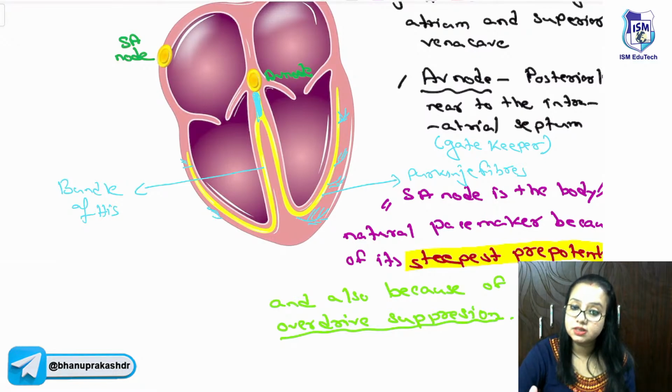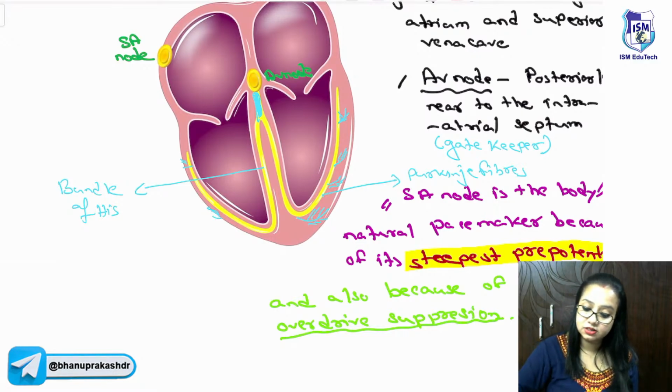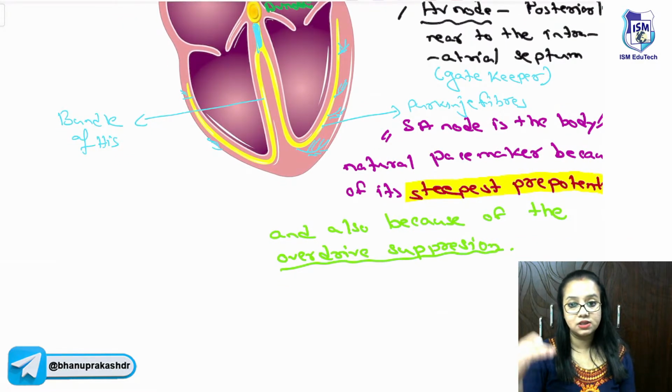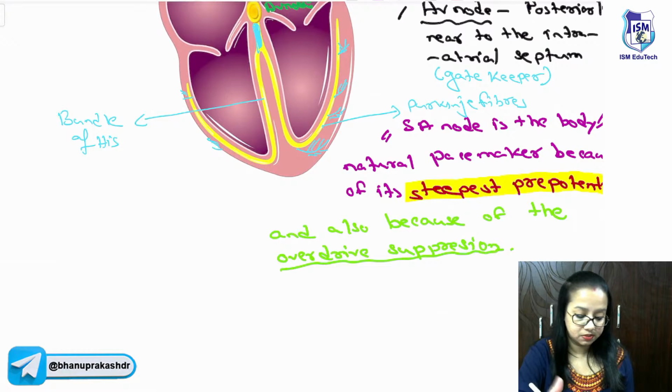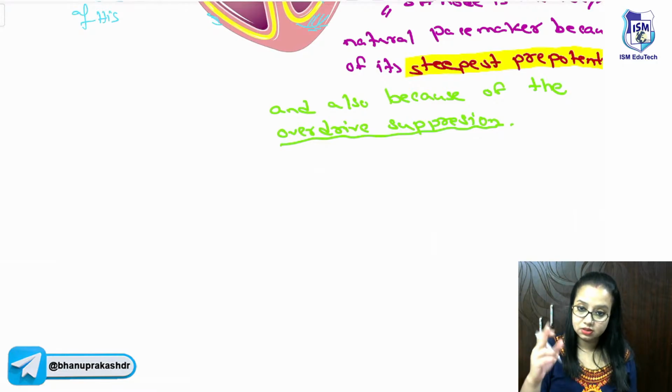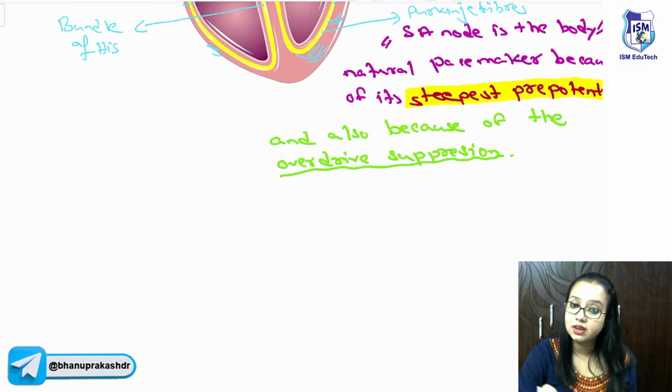Now, the bundle of His and Purkinje fibers are both important structures in conduction of the impulse, and they can also generate the impulse. Yes, the AV node gives time, delaying the impulse. Only when the SA node is unable to generate the impulse does the AV node come into play.